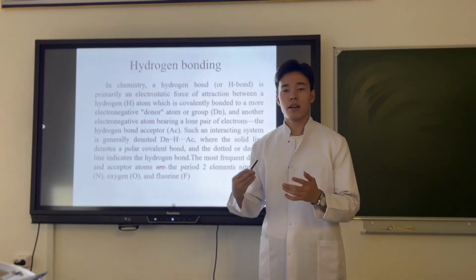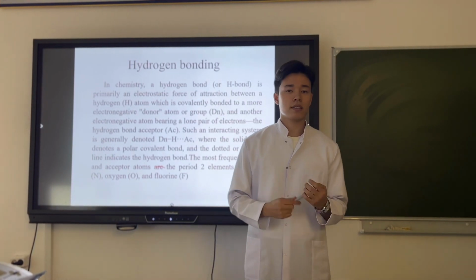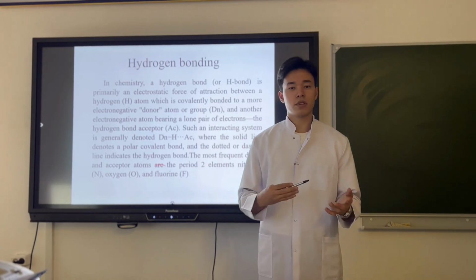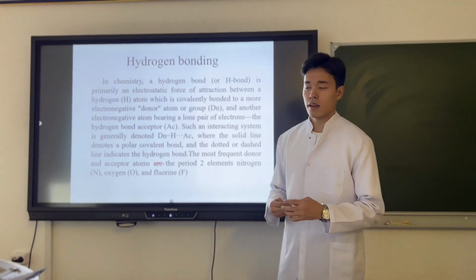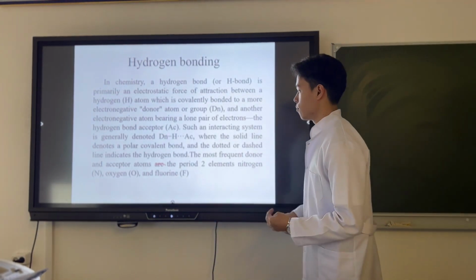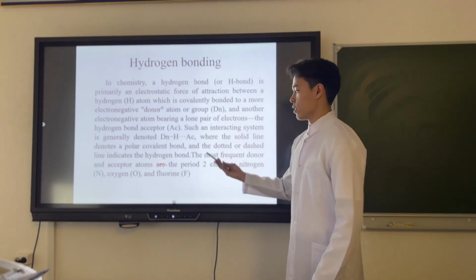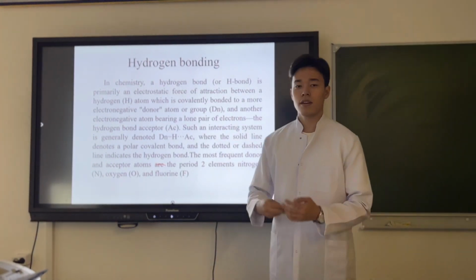In such an interacting system, the solid line denotes a polar covalent bond and the dotted or dashed line indicates the hydrogen bond. The most frequent donor and acceptor atoms are the period 2 elements nitrogen, oxygen, and fluorine.